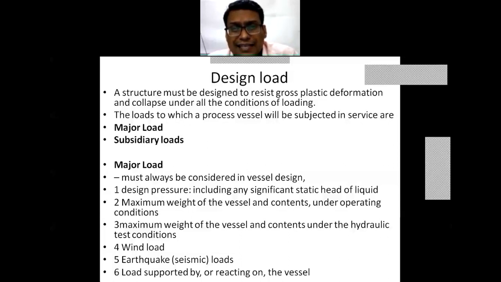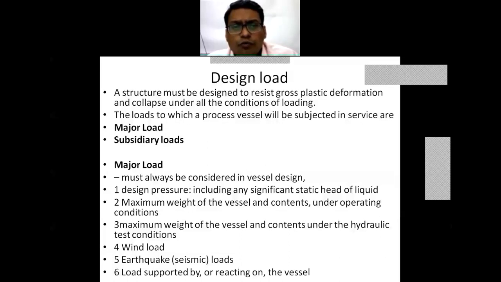What are the different loads acting on the vessel? That is also very important, the design load. A structure must be designed to resist gross plastic deformation and collapse under all conditions of loading. So plastic deformation as well as the collapsing load has to be accepted or adjusted by the material of construction.